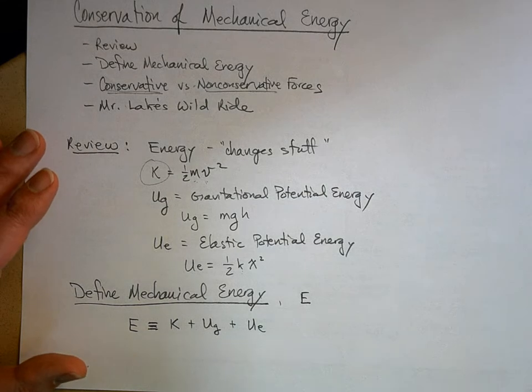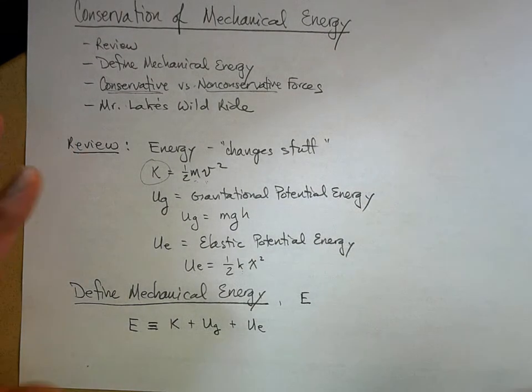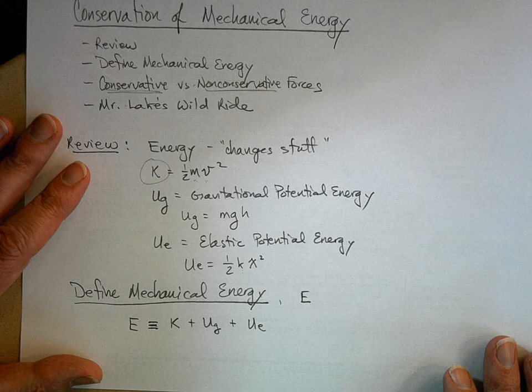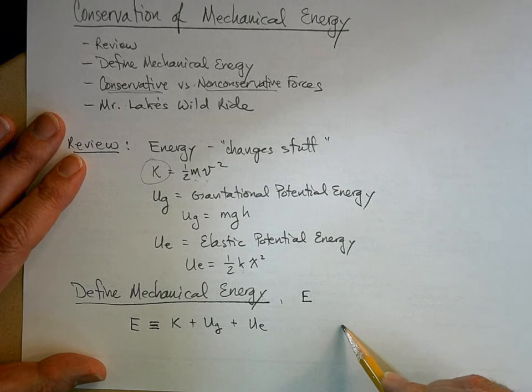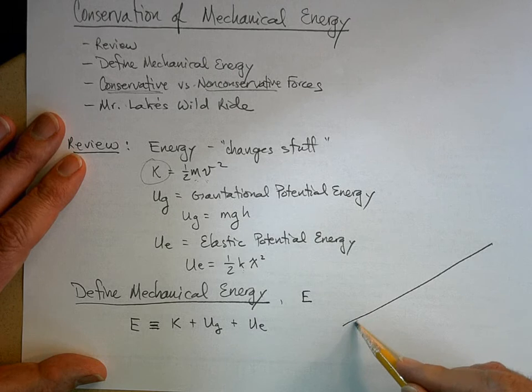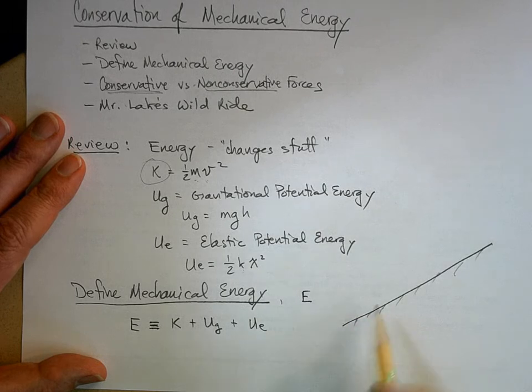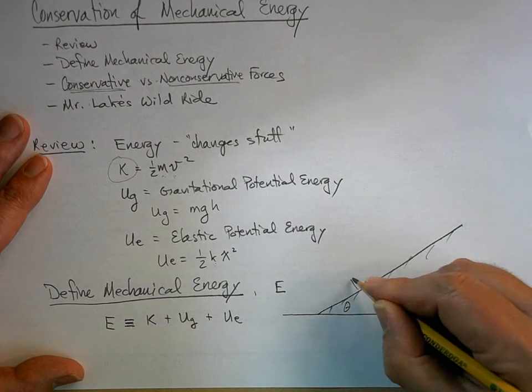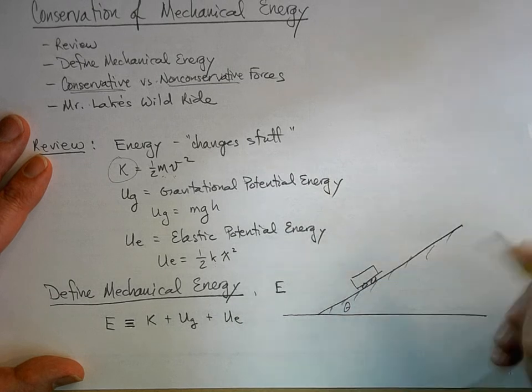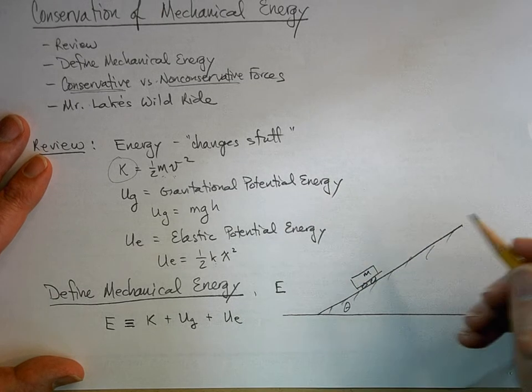Let me show you an object that might have all three kinds of energy. Suppose I have an object on an incline like this, and this has some angle theta, and I have a little car on a track. It has mass.